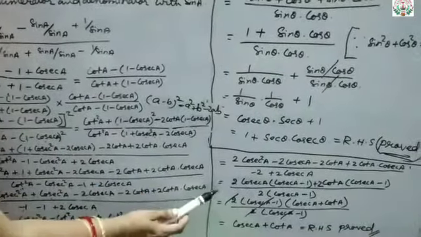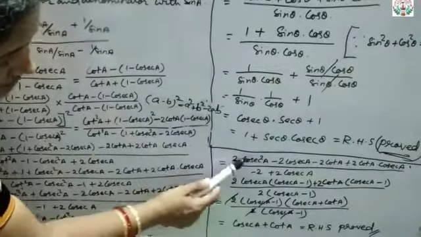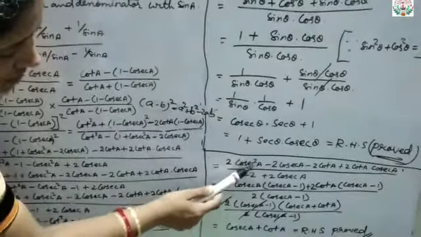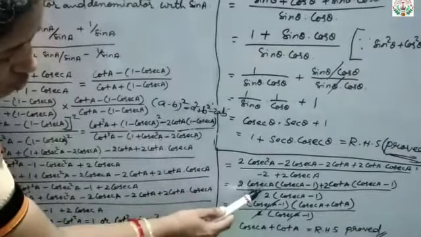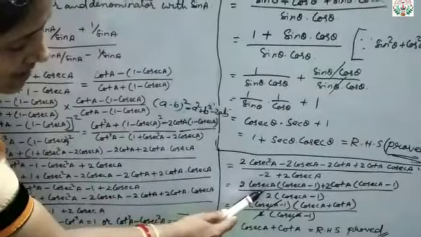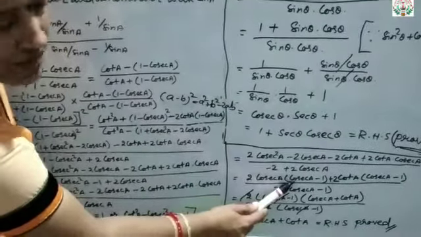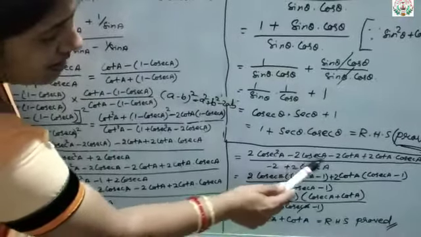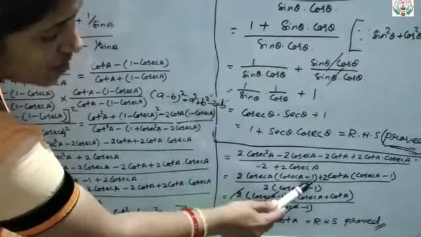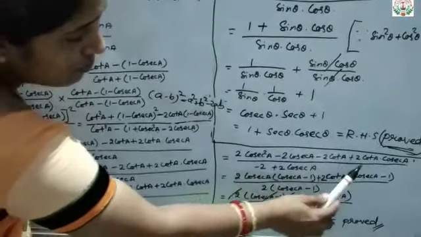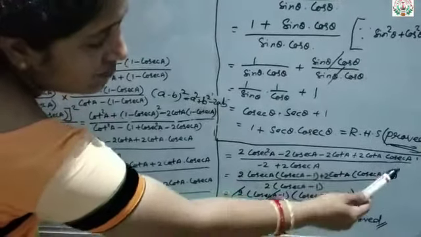Clear? Now after that, here in these two terms, what is common? We will take 2 cosec A. 2 cosec A is common, so we have taken that. Now what is left out here? 1 cosec A is left out, so that is cosec A. Here nothing is left out, means 1, minus 1. Here also bring this term first and this term second.